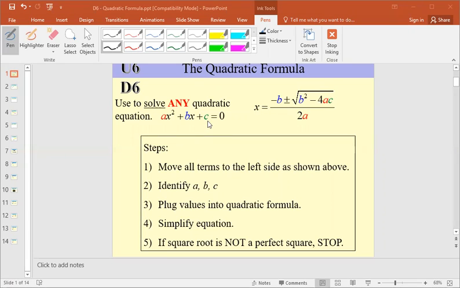So our steps are to move all terms to the left side, identify the a, the b, and the c, plug it in, and simplify. If the square root is not a perfect square, then you just stop right there.